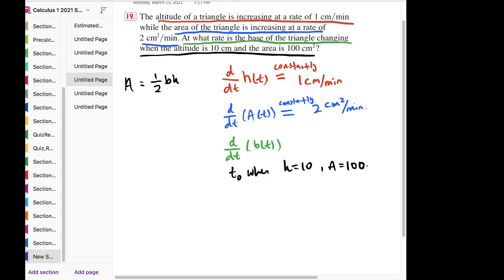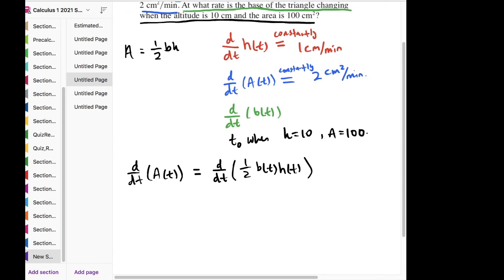We have that the derivative of area is constantly 2, and we know what area is, so we probably have to use the area function. We know the area function of the triangle is 1/2 base times height. So what is the derivative of that?